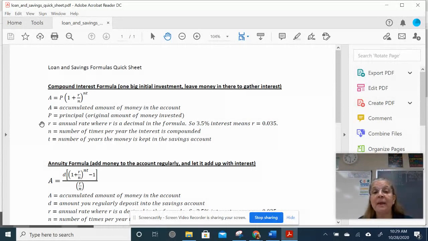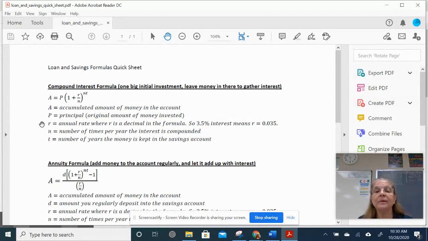Your mortgage payments are done monthly. So N is the number of times that interest is either earned or charged to you. And for the most part, N is monthly. It could be quarterly, which would be 4 times a year. But for most of ours, it'll be 12.